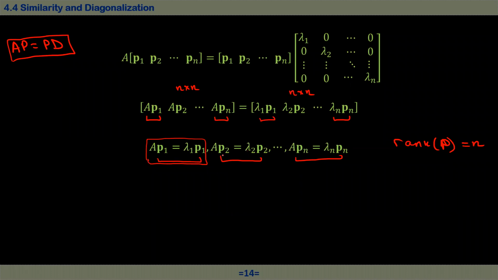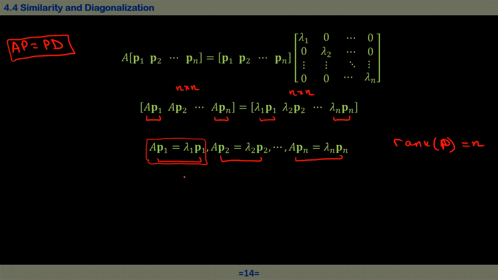So that means that P1, P2, Pn are the eigenvectors of A, and the corresponding eigenvalues are lambda 1, lambda 2, lambda n. And we know that the columns of P, that's P1, P2, Pn, are linearly independent vectors, which means that these eigenvectors are linearly independent.